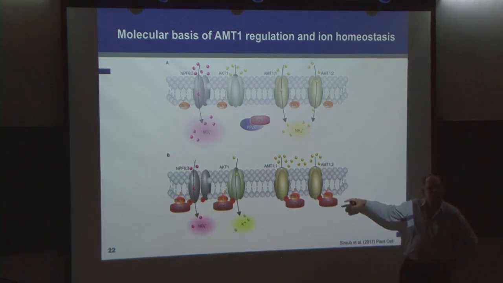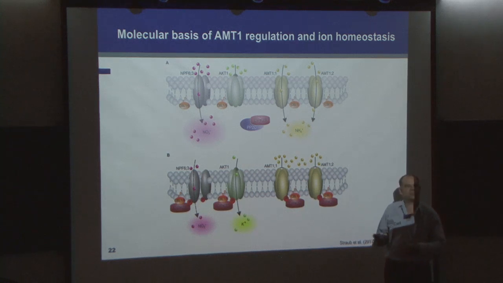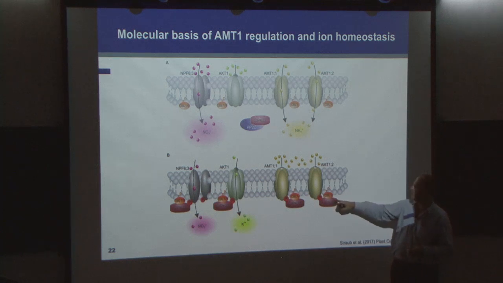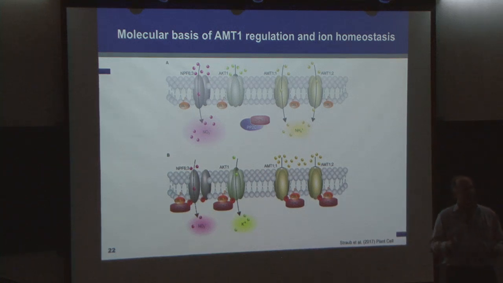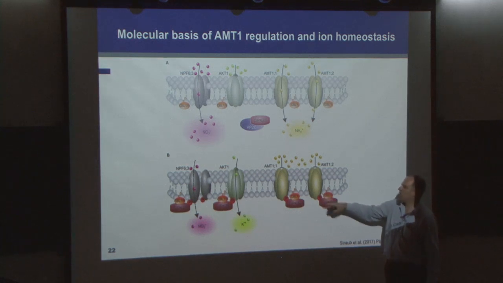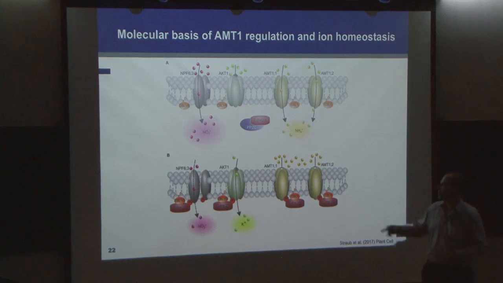It's a small protein that in principle should be soluble, a globular protein that should not be associated with membranes, but analysis had shown that it binds to membranes by some membrane anchor. The CIPK23, however, is found in the cytosol, and when it associates with CBL, then it can be associated with the C-terminus of the ammonium transporter, phosphorylate there, and switch the ammonium transporter off.